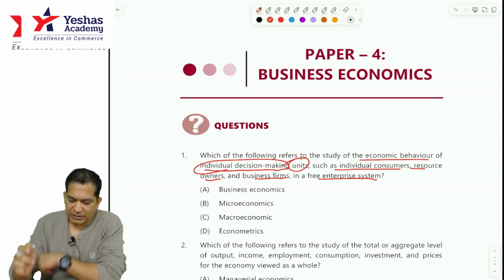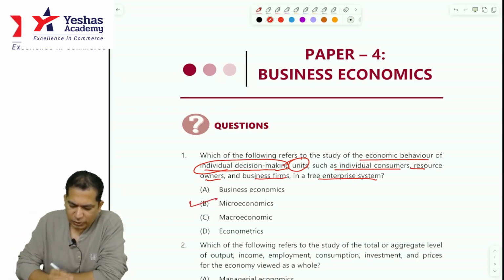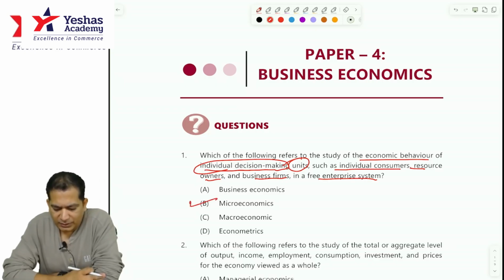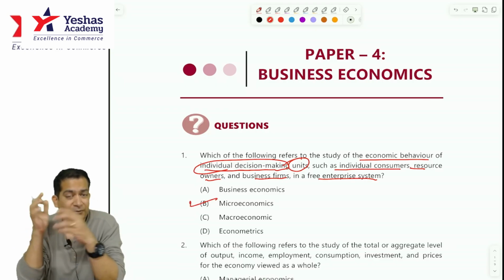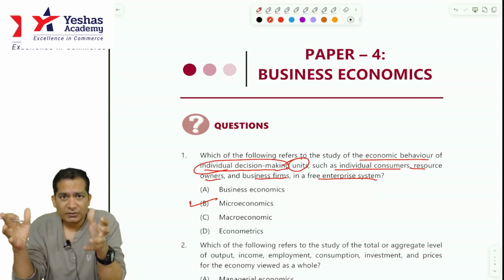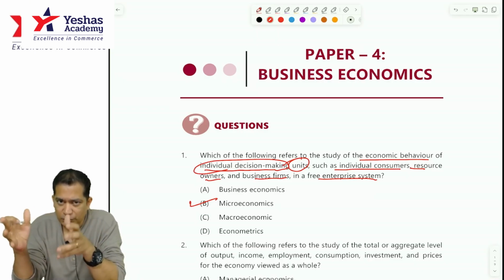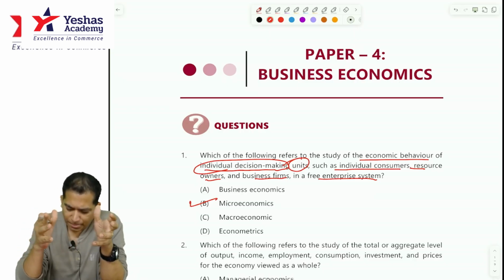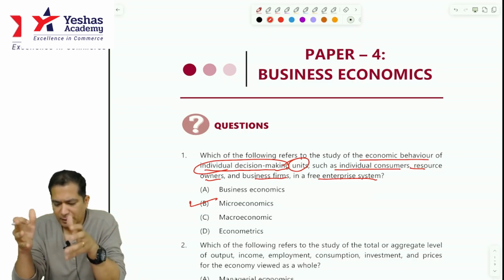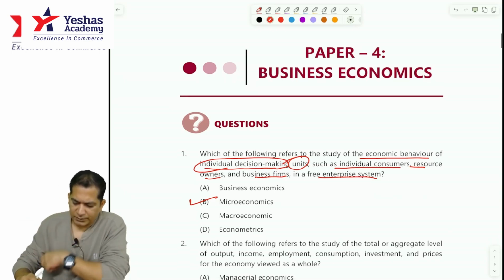So, of course, that will come under microeconomics rather than macroeconomics. And econometrics, as I've told you, is not a different subdivision of economics, but is used wherein we use computer modeling to study both macro and micro phenomena, right?